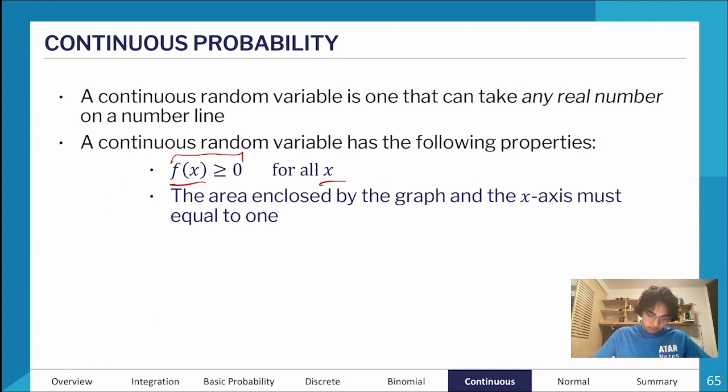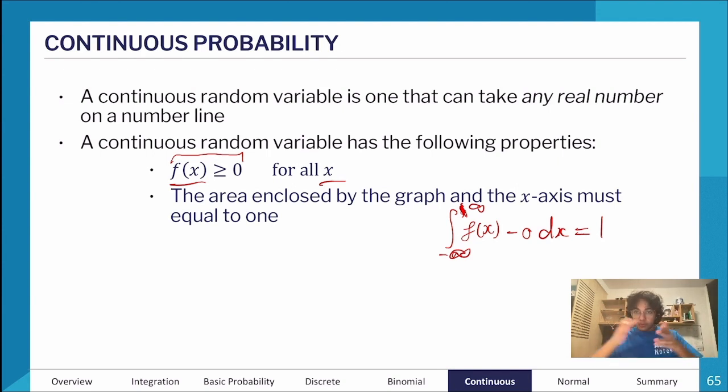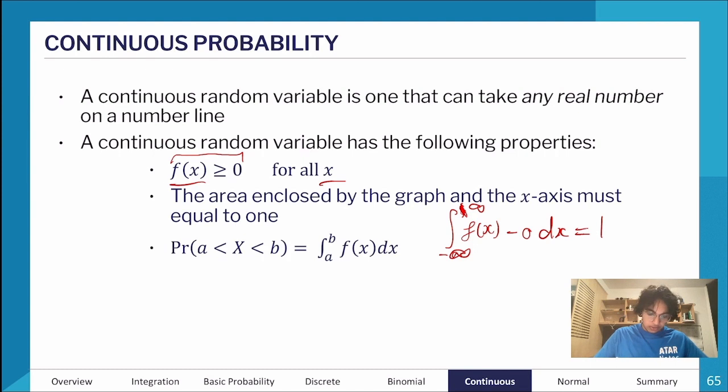So that's taking an integral from a to b of f of x dx, which must be equal to 1. It's more accurate to write infinity in both of these, so negative infinity to infinity. For the full length of that function, the area enclosed must be equal to 1.